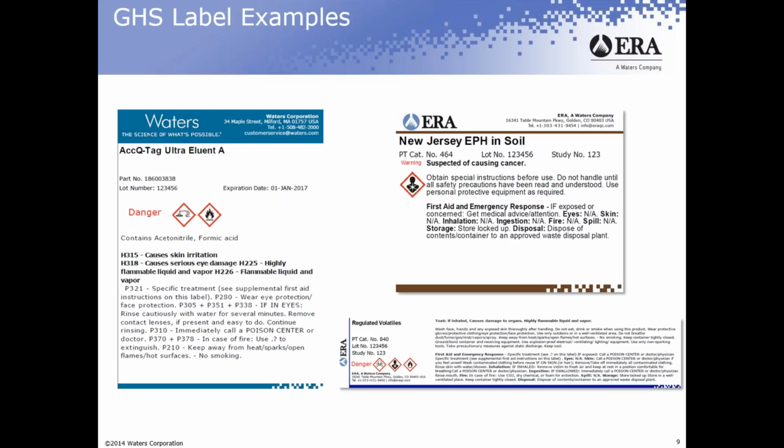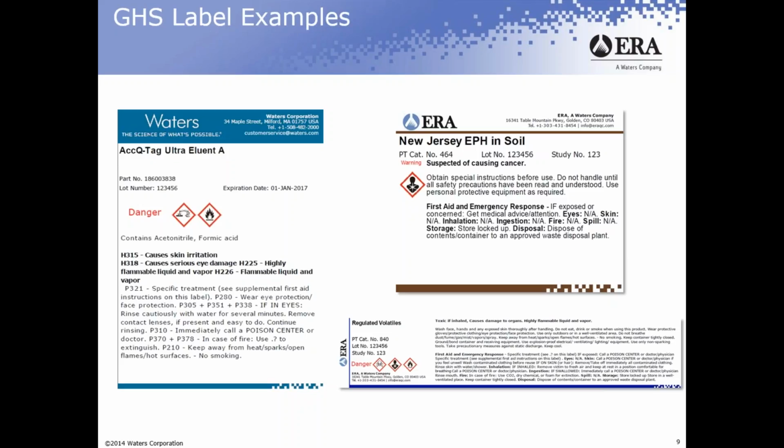So we have our warning word up above the single pictogram for this particular product, and then we have our hazard and precautionary statements for that particular item. Now you'll notice that the one on the bottom, 840, and the one immediately above that say different things, and these are all related back to the classification of those specific chemicals.